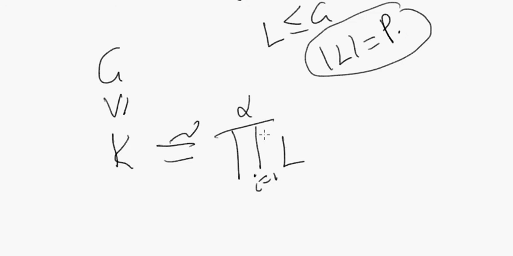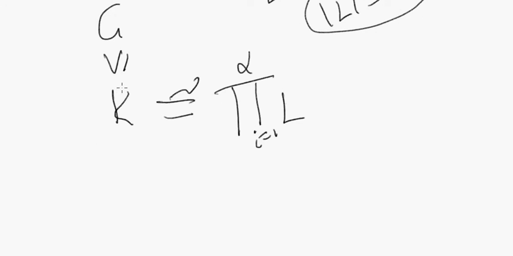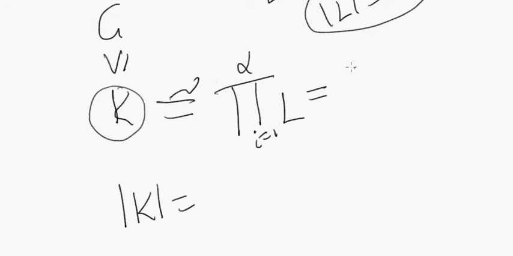Because suppose such a K existed, such that K is isomorphic to L cross L cross L cross L, alpha times, wouldn't that mean that the order of K equals the order of this product? Let's call this group of products S. If the order of K equals the order of S, and the order of S is p to the alpha, then we're saying the order of K is also p to the alpha, right?